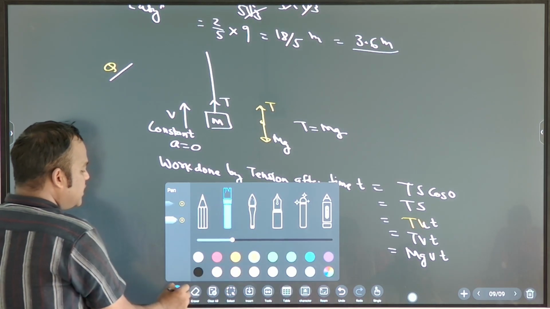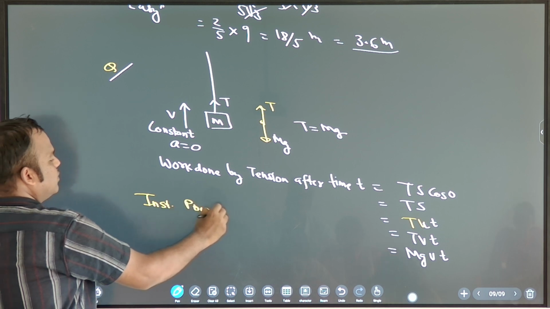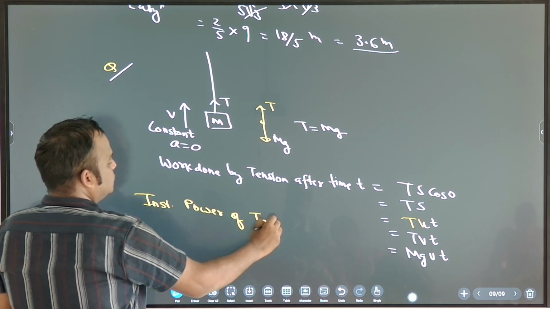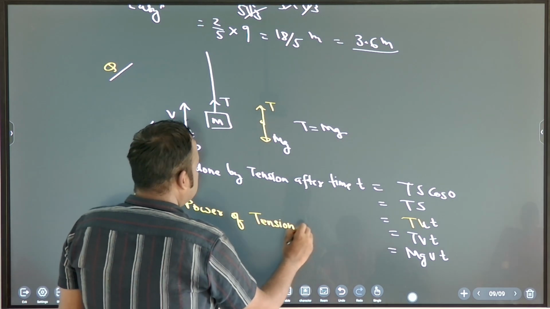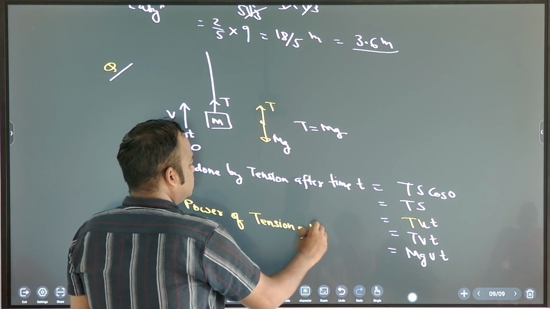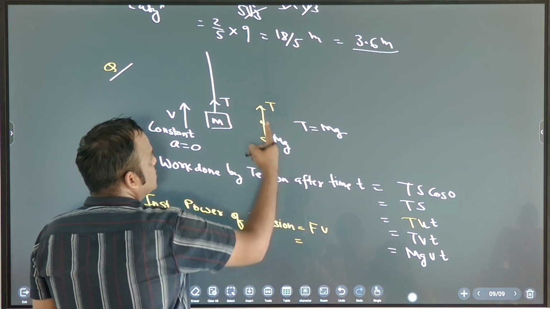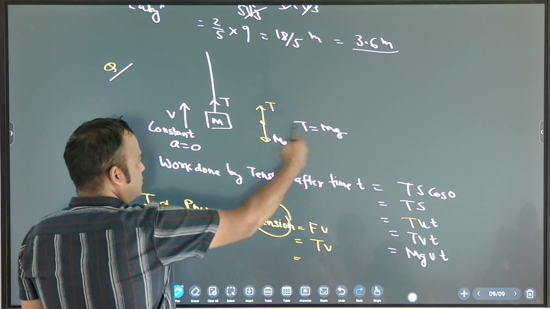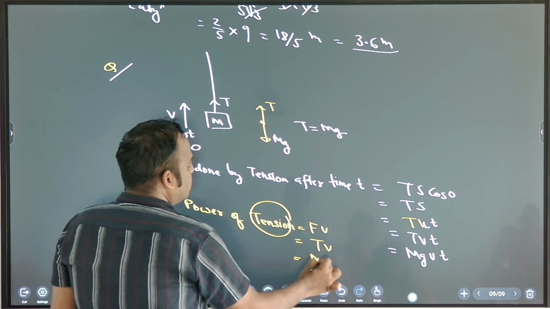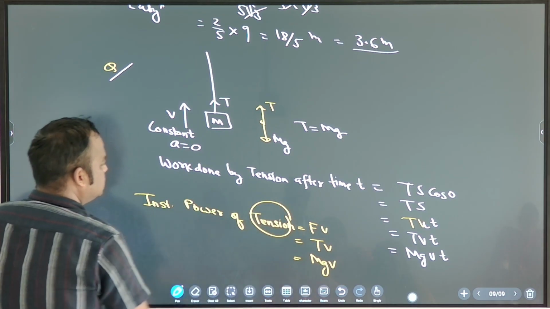And what is the instantaneous power of tension? The instantaneous power formula is force into velocity. The force here is tension, which is mg. So the instantaneous power of tension is mgv.